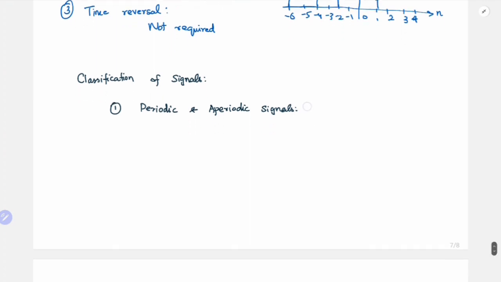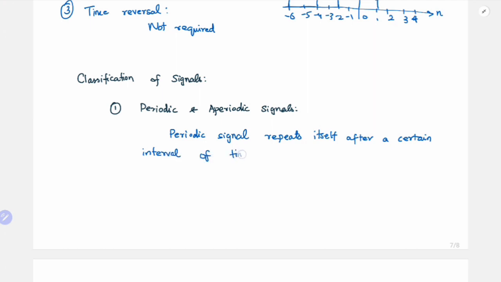So what is a periodic signal? It repeats itself after a certain interval of time continuously.